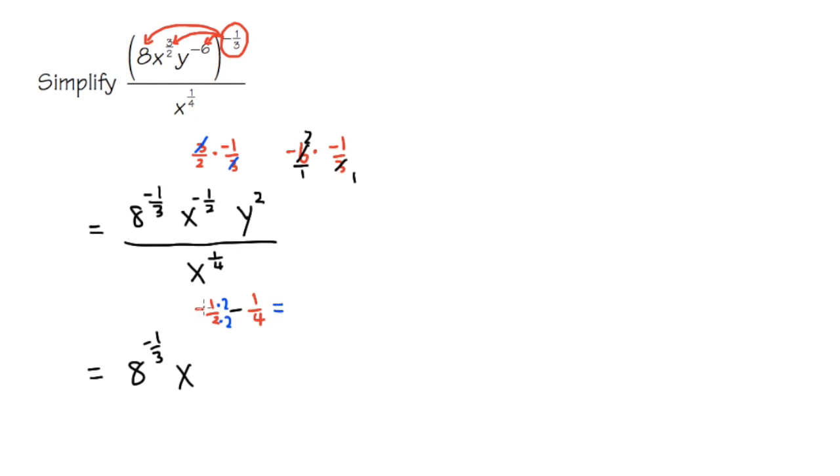So I get negative 1 times 2, which is negative 2, over 2 times 2, which is 4, and then minus 1/4. And altogether, the denominator stays the same, which is 4. Negative 2 minus 1 will give us negative 3. So that's the new exponent for the x, negative 3/4. And then y squared, once again, stays the same.